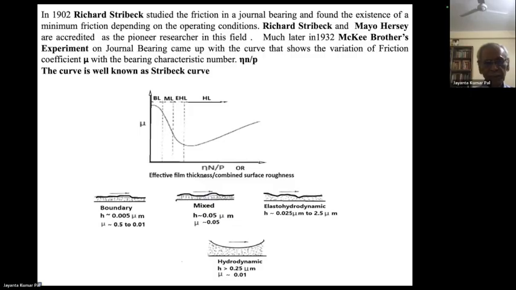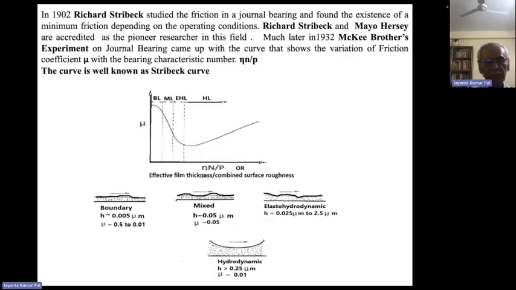This is often described as a type of hydrodynamic lubrication, because here the film thickness is reasonably high, of the order of 0.05 to 2.5 micron, which is relatively high compared to the other two lubrication modes.